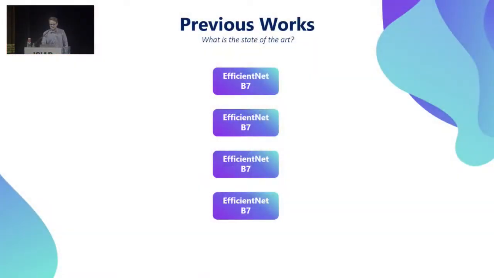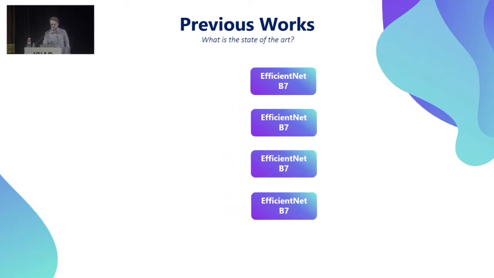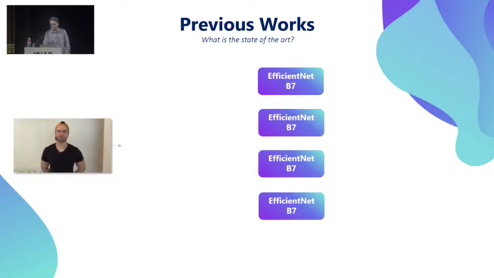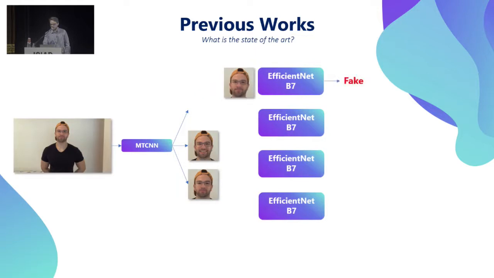So, the previous works by which we were inspired for our research are mainly based on a convolutional neural network called EfficientNet B7, and the popular deepfake detector is based on four EfficientNet B7 networks that take as input the faces extracted from the video, and each face is classified as fake or not.